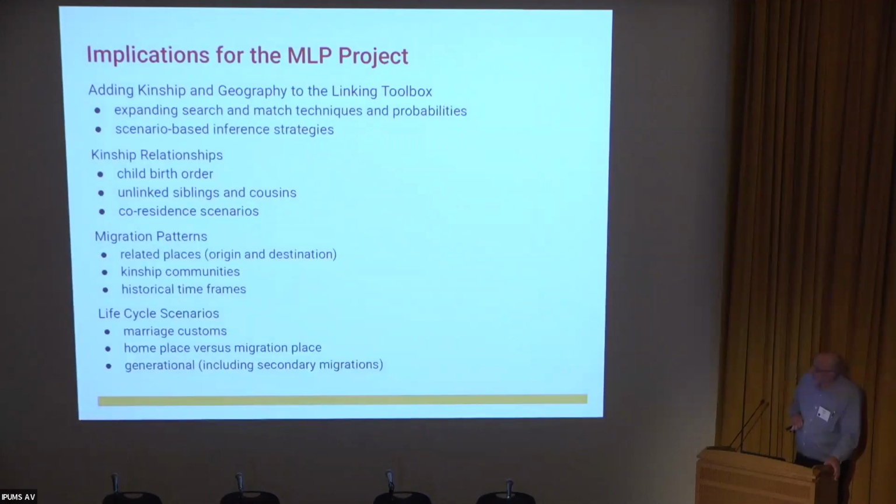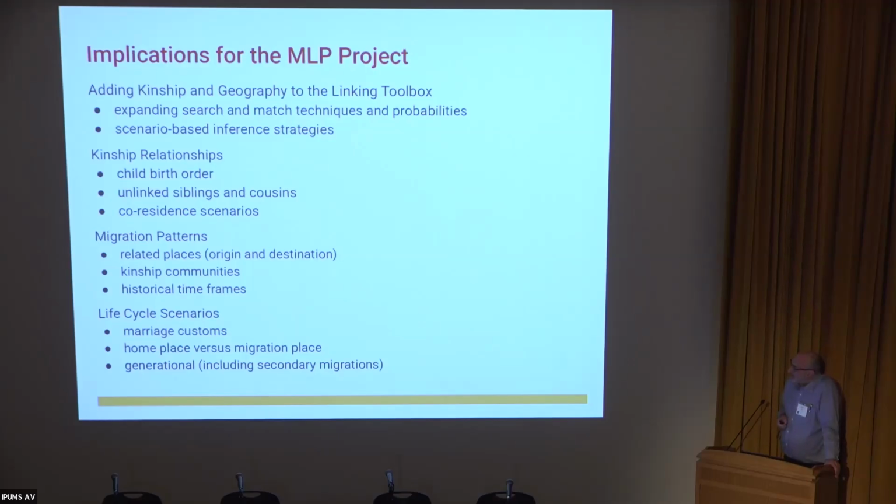And when you have migration patterns, it not only is a county-to-county issue, but you can drill down to the kinship level and therefore possibly dramatically reduce the probabilities in other places and increase the probabilities in certain places of finding unlinked family members.